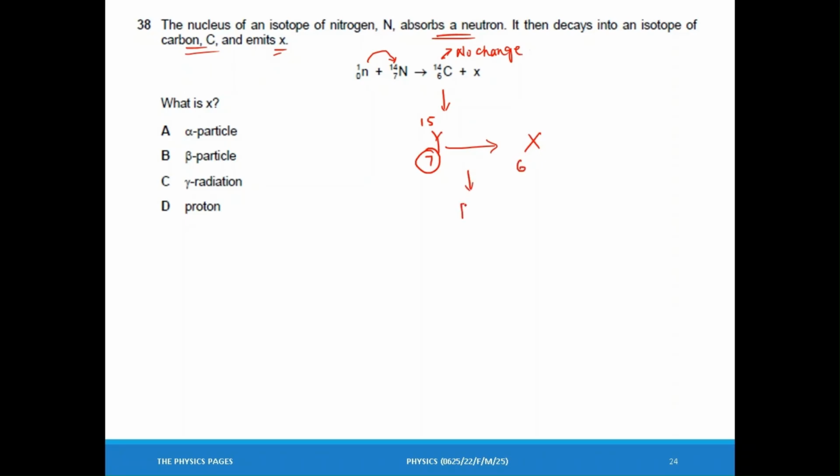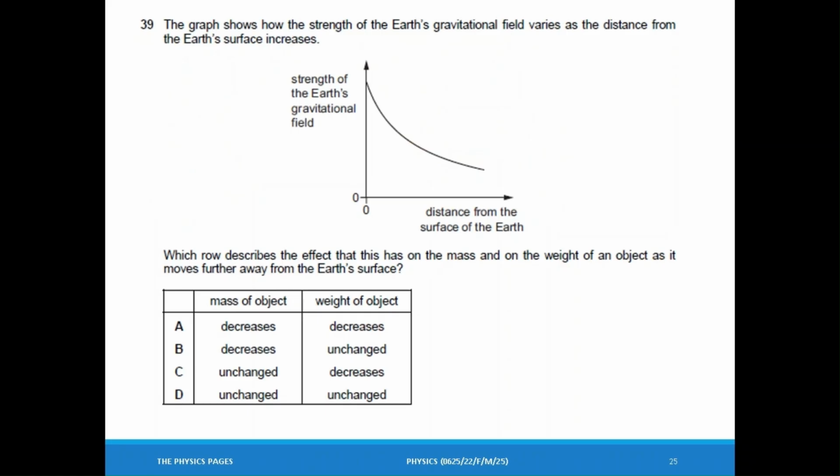The proton is released from the nucleus, and that will also reduce the total number of nucleons, from 15 to this. So this is probably a proton released from the nucleus to decrease the atomic number by 1, and the mass number is not going to change with it. So for me, this is the right choice.